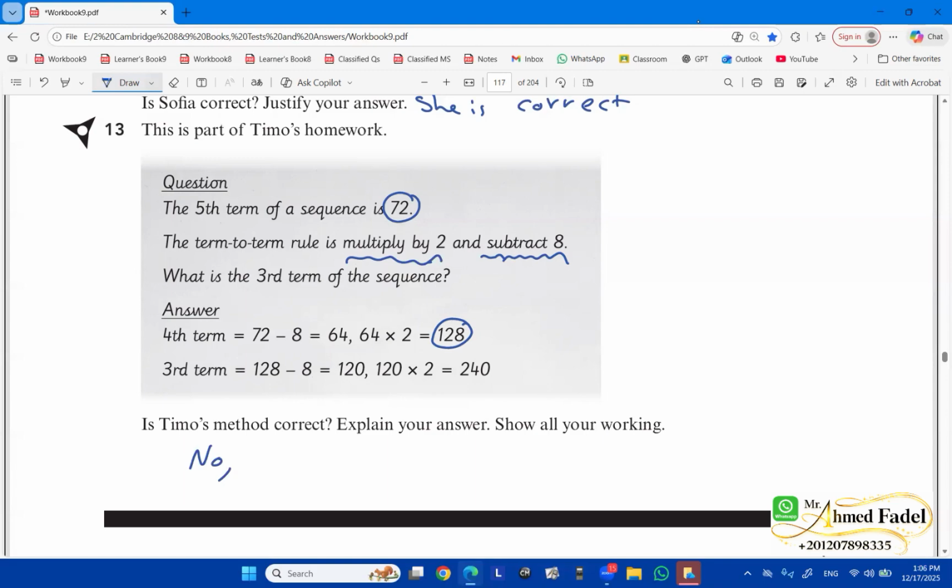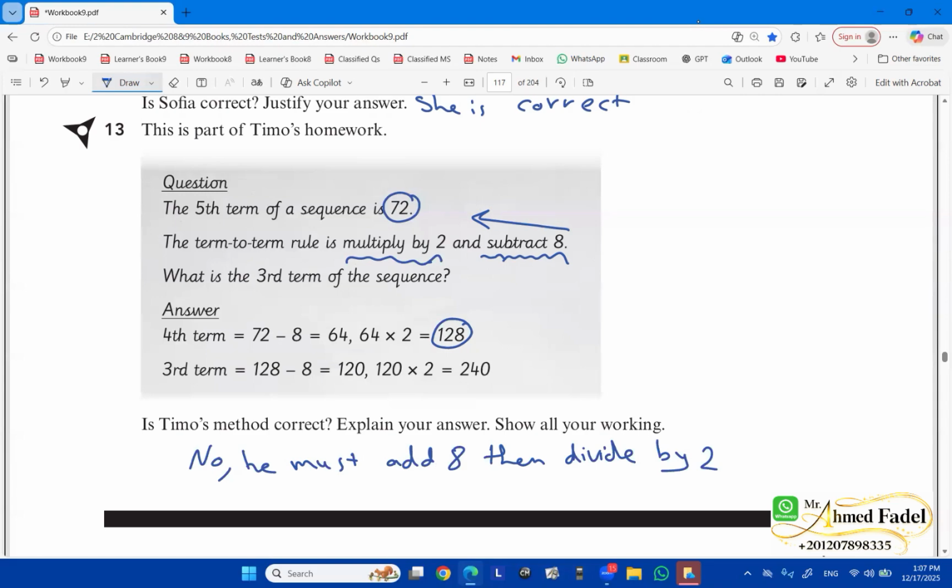No. Why? Because he must add 8, because we're doing the inverse. So we're going to do the opposite and in order from back to the front. So it's going to be add 8, then divide by 2.